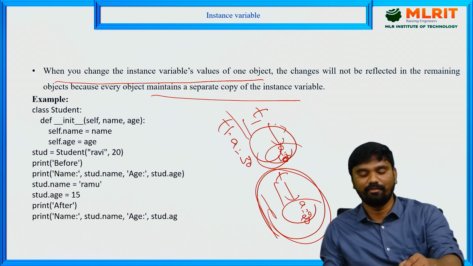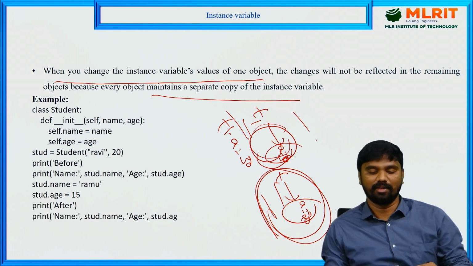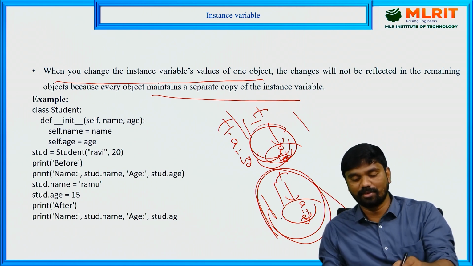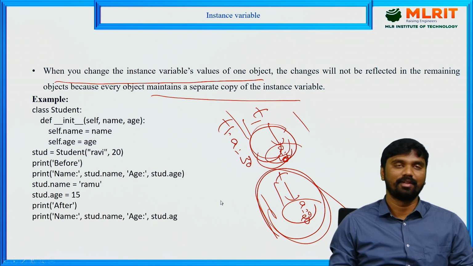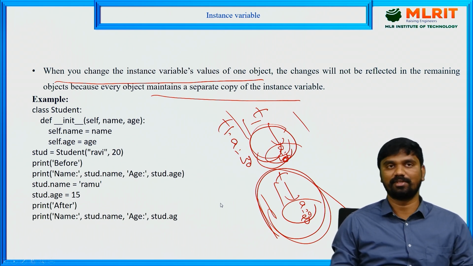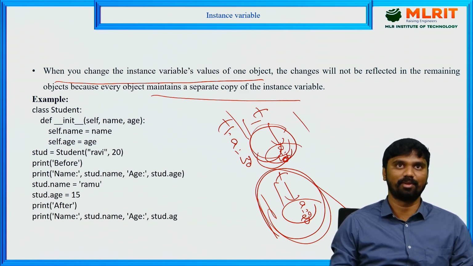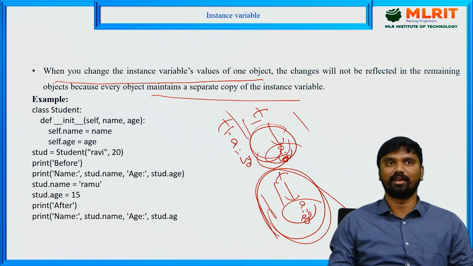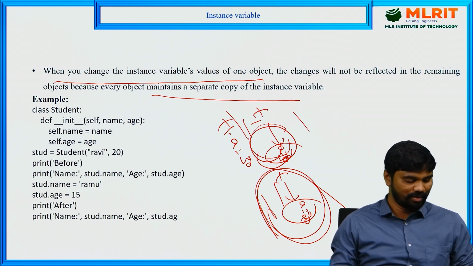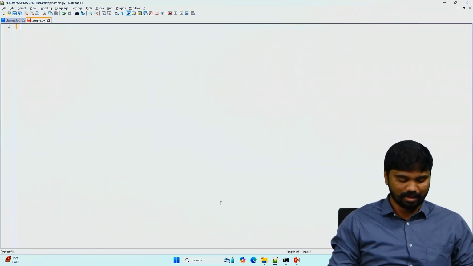That means for this object a separate copy of instance variables will be maintained, and for this object another separate copy will be maintained. That's why whenever you change the instance variables using one object, the updated value will not be reflected or modified in the other object. So let me show an example.